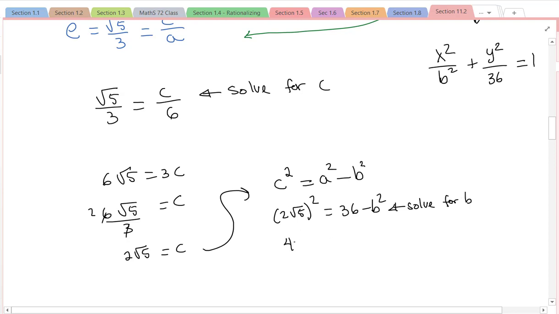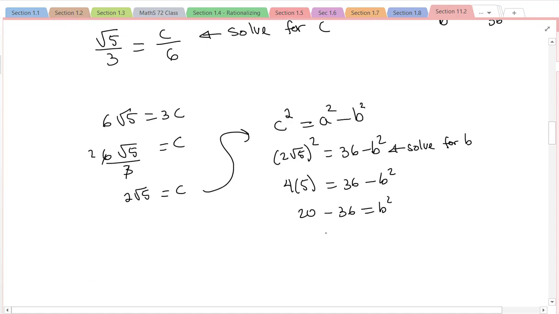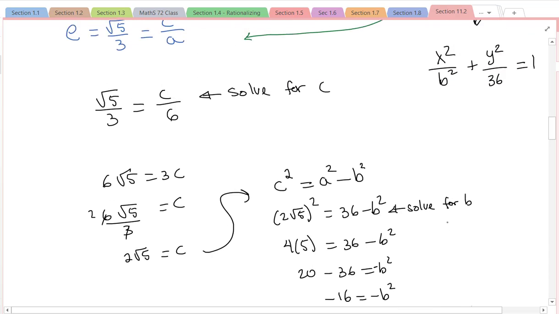So this will be 4 times 5, which is 20, equals 36 minus b squared. So 20 minus 36 equals negative b squared. So negative 16 equals negative b squared. Divide by negative 1. So this tells us that b is 4, plus or minus 4, but we take the positive one.